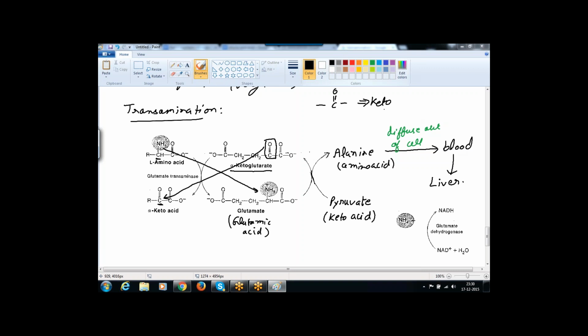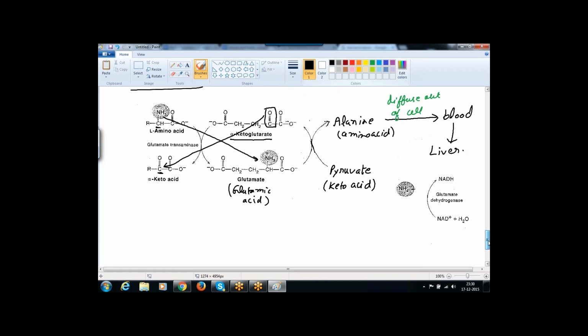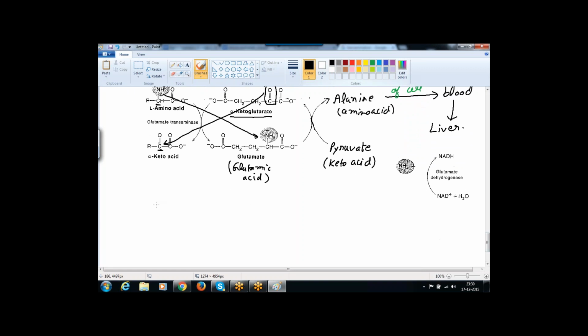Okay. Now, once this alanine is in liver, this is an amino acid, right? It will further undergo transamination and give the amino group to alpha ketoglutarate again.